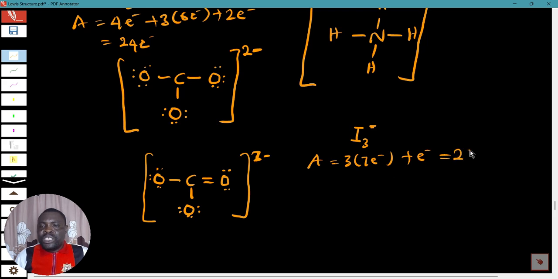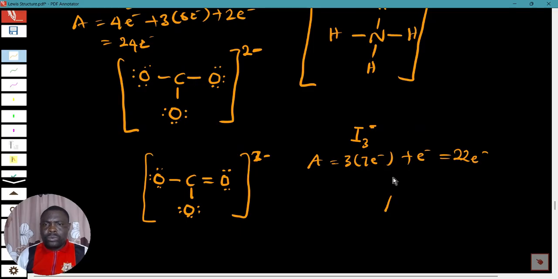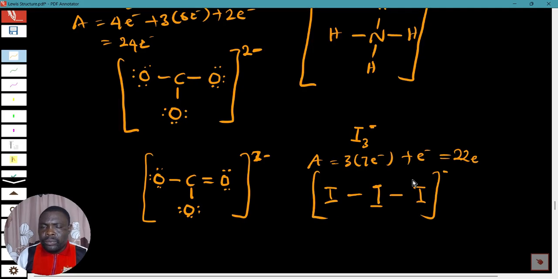That will be 22 electrons. One of the iodine will be the central element. So we distribute the others around it. So let's complete the octet.